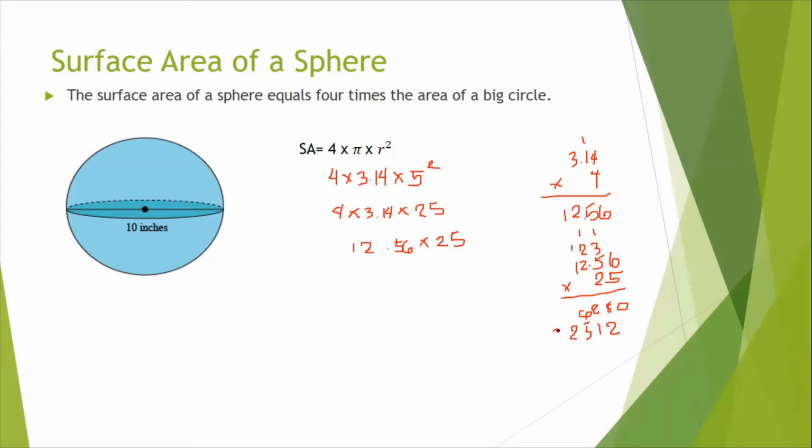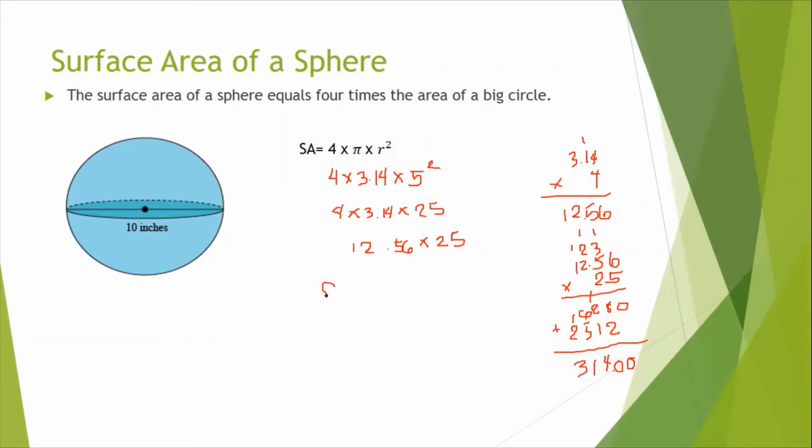Let us now add. 0, 10, carry 1, 4, 11, carry 1, 3. On decimal point, we have 2.